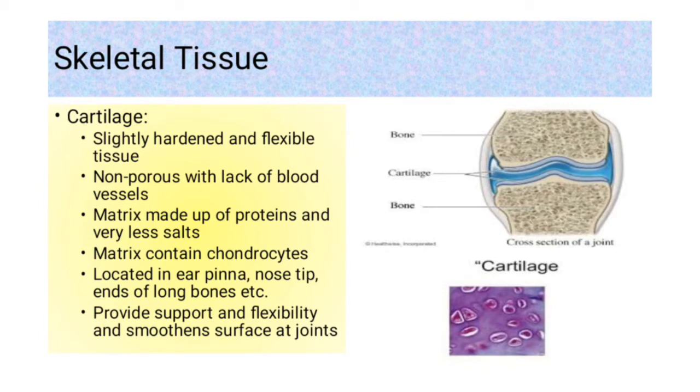So the cartilage cells, that is chondroblasts, along with the lacunae are termed chondrocytes. They are located in the ear pinna, nose tip, ends of long bones, etc. Cartilage provides support and flexibility and also smoothens surfaces at the joints.